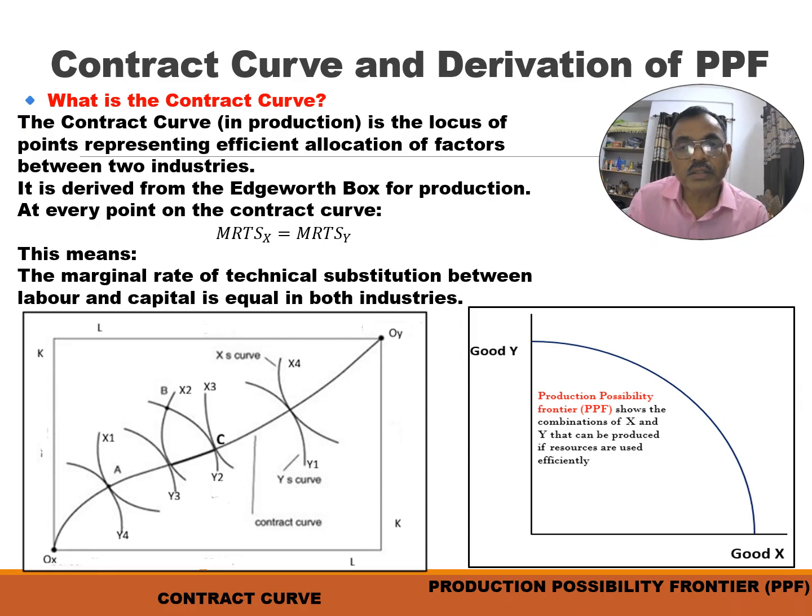Thus, it represents efficient production points. Each point on the contract curve gives a specific allocation of factors and corresponding output of good X and good Y. If we plot these output combinations in output space, we obtain the production possibility frontier. Basically, it is the contract curve plotted in output space.